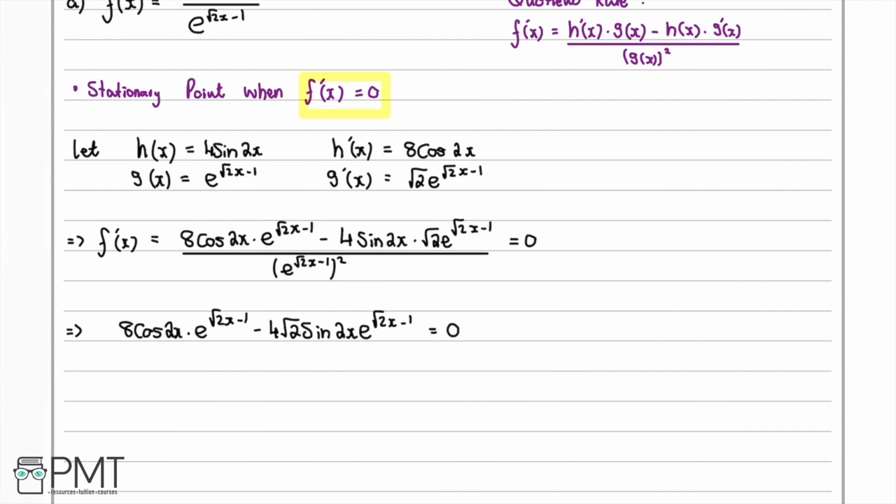Now we need to have a think and see what we can do next. What we notice is that we have a common term, an exponential term, on both parts of our equation.